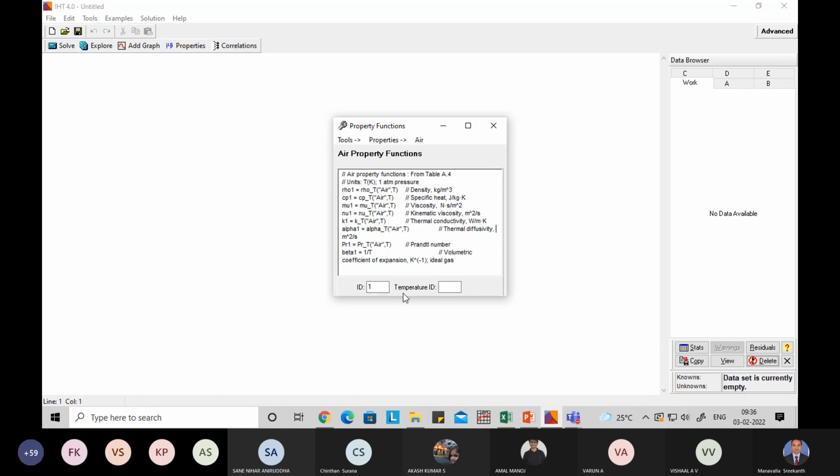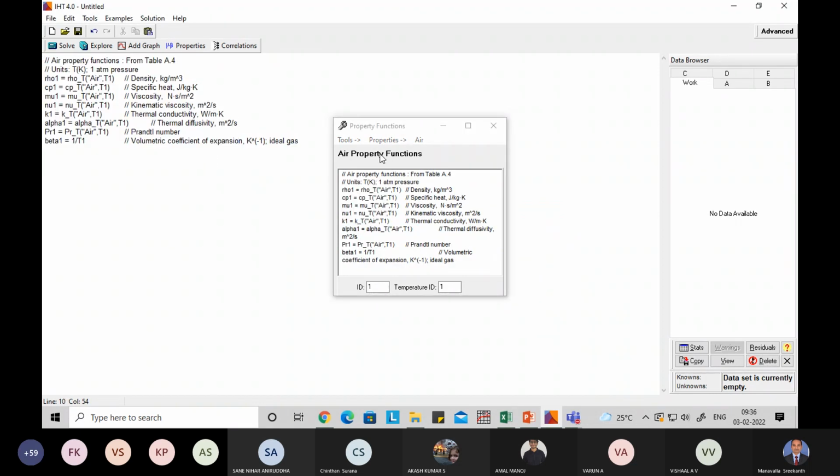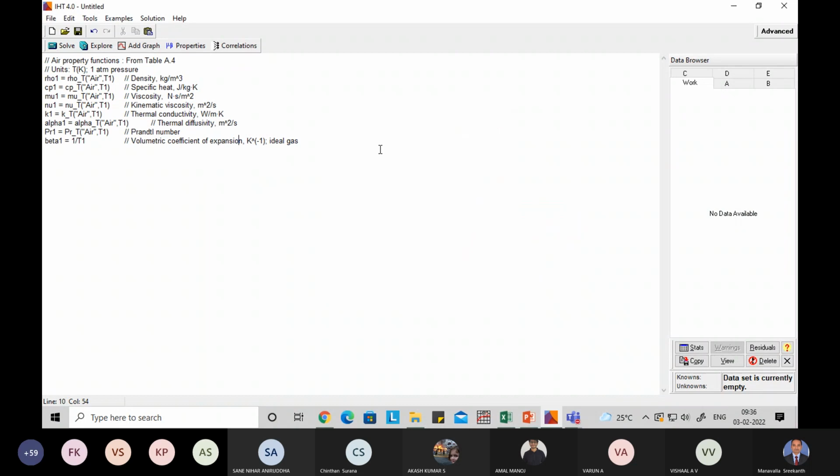You can give the ID, and the temperature ID also. Now you can bring all these property values into this workspace. I copied it. You can also drag and drop it like this. And you can close this. Now you have the properties listed, and these are the equations which the system uses to calculate.